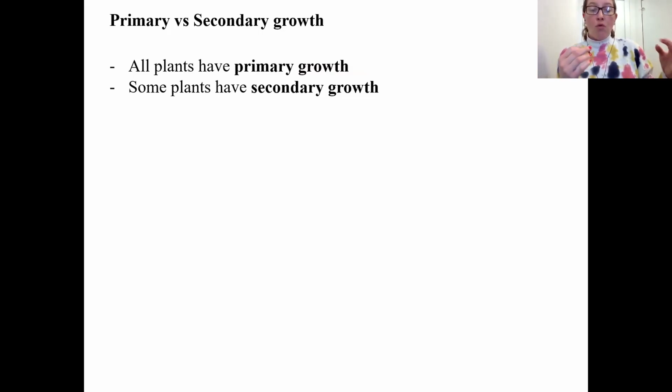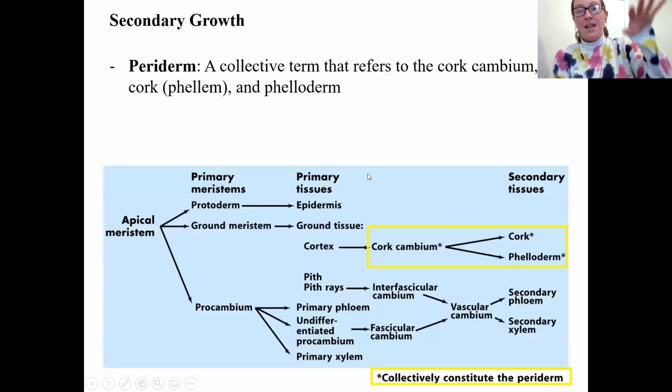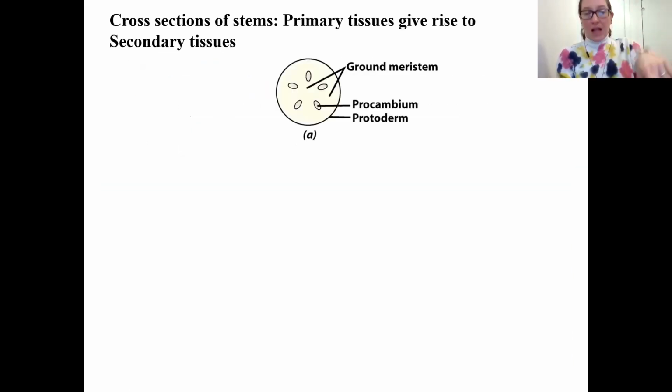So you go from primary growth tissues and meristems, and then at some point in parts of your plant body, you transition to this kind of secondary growth tissues. And that's what I'm trying to show you with this. Go from primary growth to secondary growth, and it's a transition. And that's what I'm trying to show you in these slides as well.